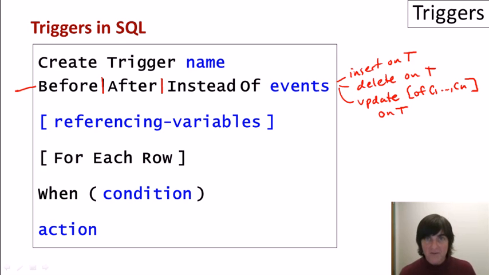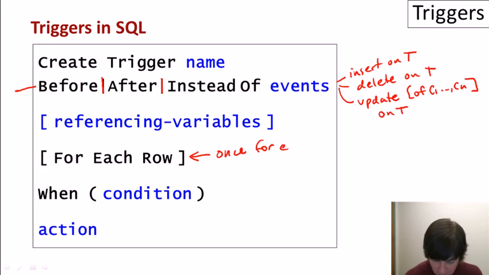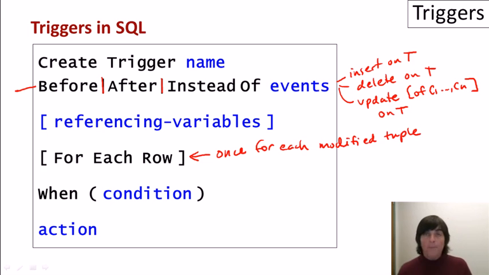Let's skip the referencing variables clause for a moment and go on to the for each row. So for each row is an optional clause that states that the trigger should be activated once for each modified tuple. And let me explain what the deal is here. When we run, say, a delete command on the database, that delete command might delete, say, 10 tuples.